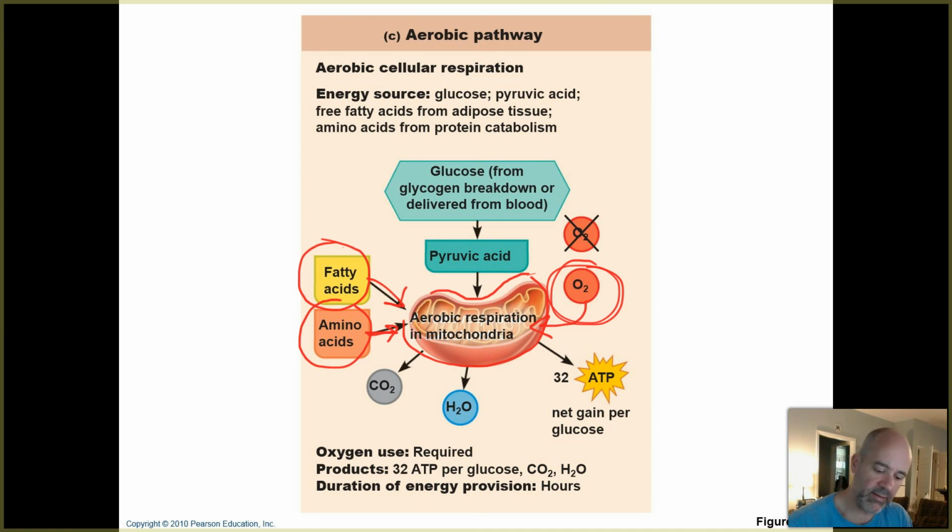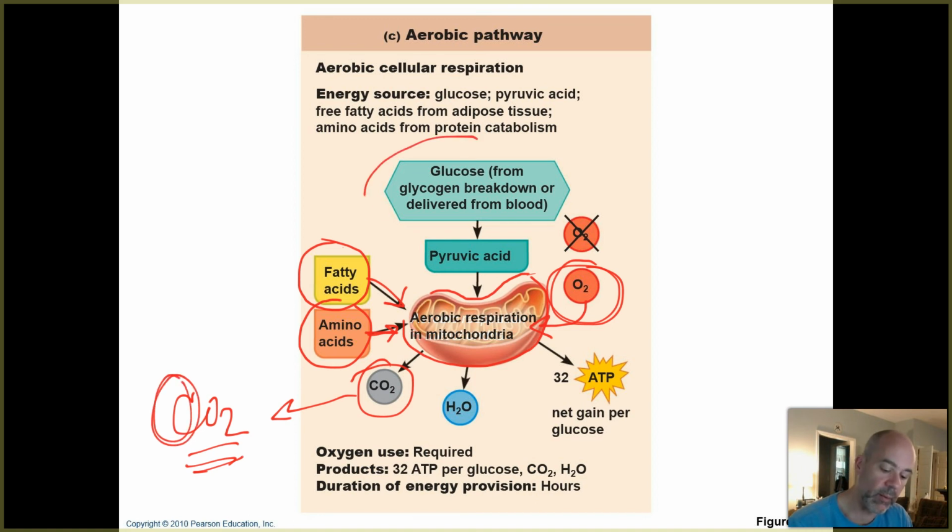What are your outputs of aerobic cellular respiration? CO2. This is where your CO2 comes from. That's always important to keep in mind. The carbons in the CO2 are coming from the glucose or these other nutrients you're breaking down. Those are all carbon-based nutrients. After those molecules get chopped up, the carbons are actually present in CO2 molecules.